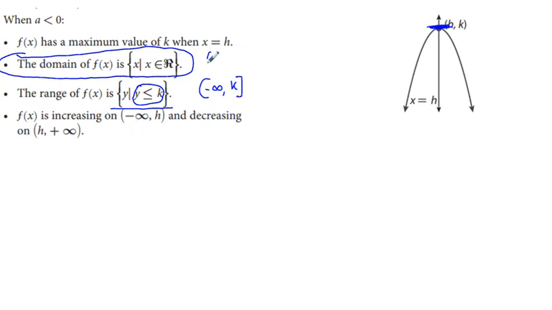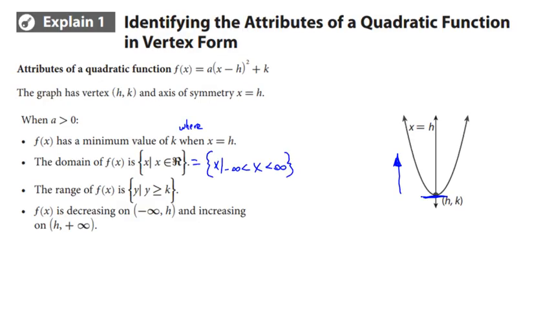And in interval notation here, our domain is going to be negative infinity, comma, infinity. And back here on this other one, our range in interval notation is going to be, with k at the minimum, bracket k first, comma, infinity. And our domain is negative infinity, comma, infinity.